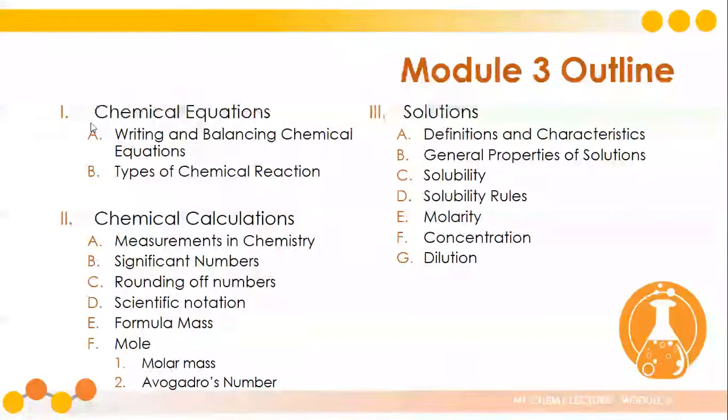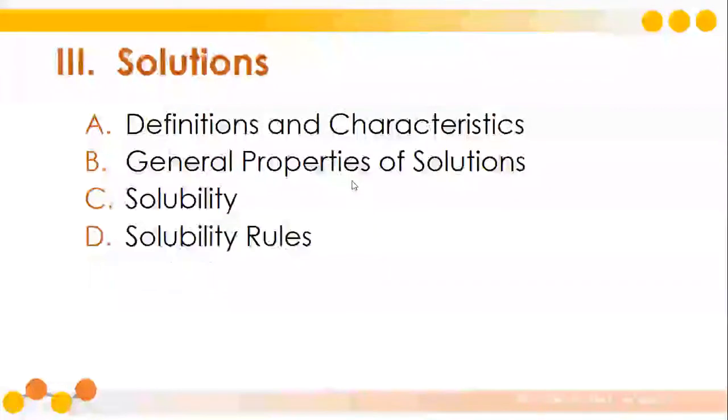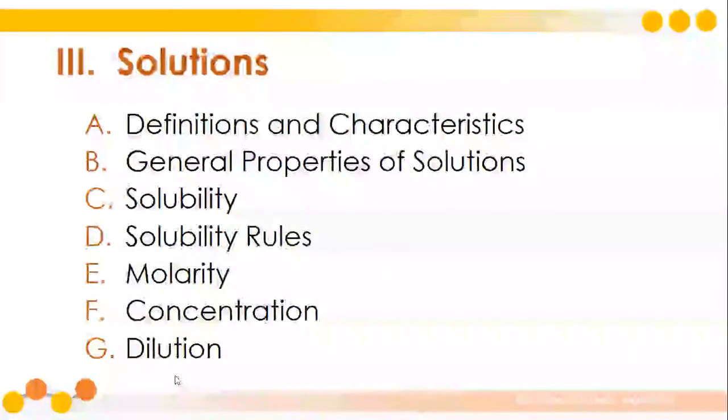We've already finished discussing chemical equations. We've also finished discussing chemical calculations, wherein you solved different problems for formula mass and mole. We'll now proceed with solutions. Solutions, though it has a lot of subtopics, are generally easy and quick to discuss.